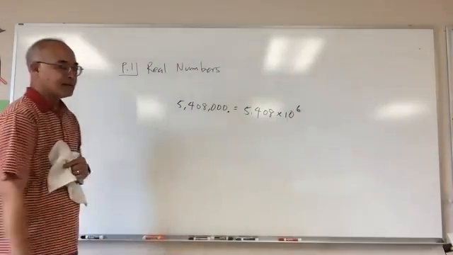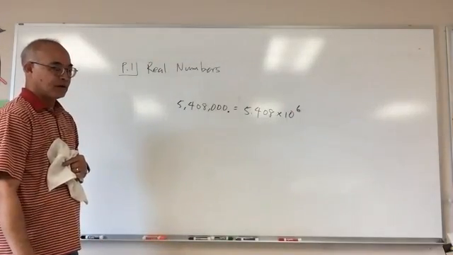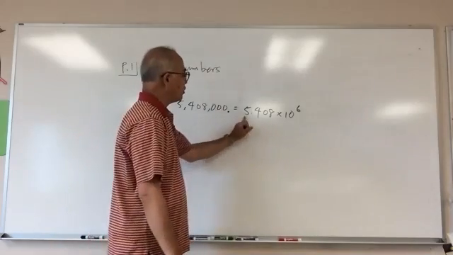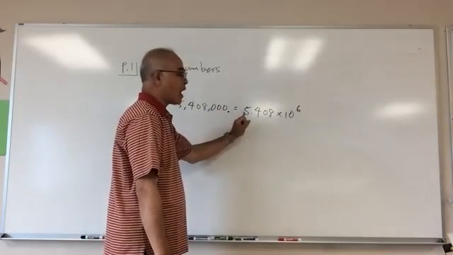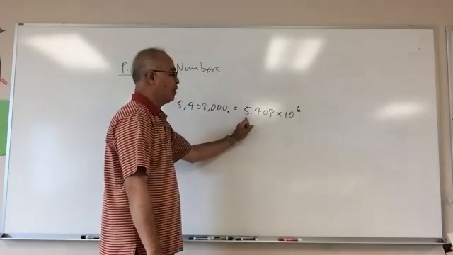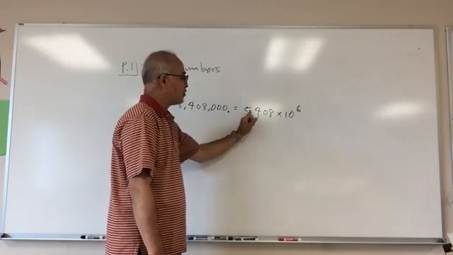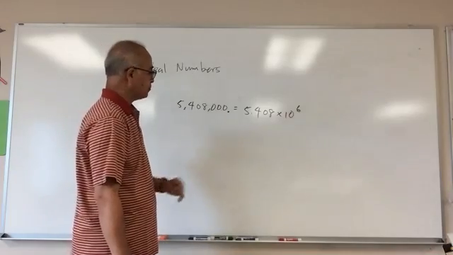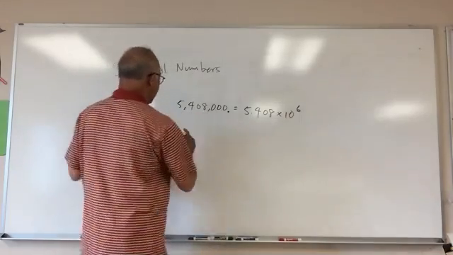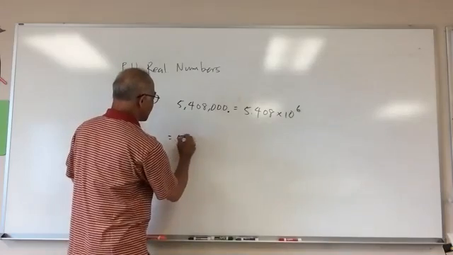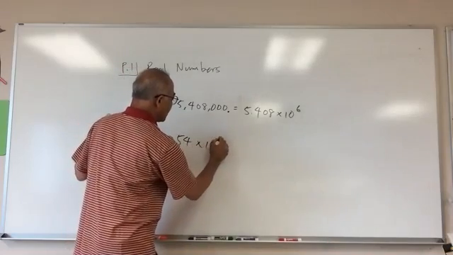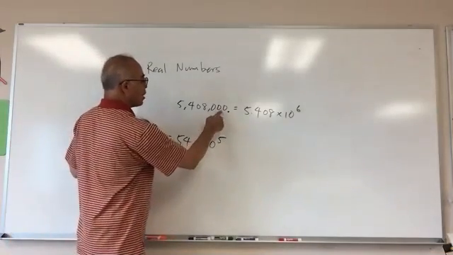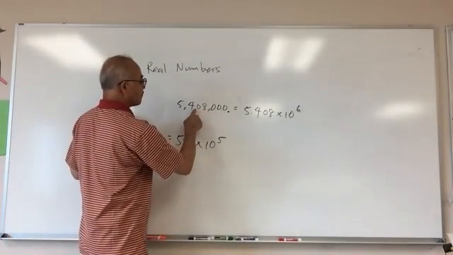Does that make sense? Are we good? So on a true scientific notation, you have to have one number to the left of the decimal. Everything else is to the right of the decimal. Because I can actually write this as this, right? This is also the same as this, because if I go 1, 2, 3, 4, 5, right?